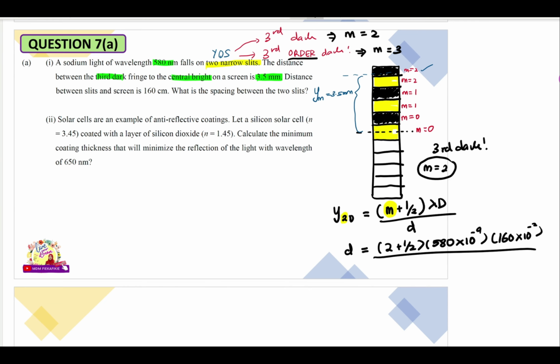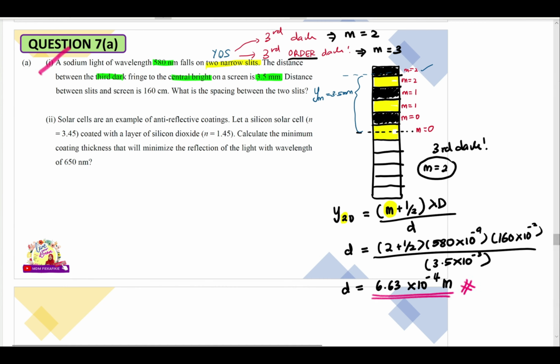And Y_2D means that distance daripada central bright fringe to the second order dark, ataupun third dark tadi, adalah 3.5 millimeter. So, akhirnya dapatlah jawapannya 6.63 times 10 power of negative 7. Betul tak? Negative 4, sorry. Okay, so this is the answer.